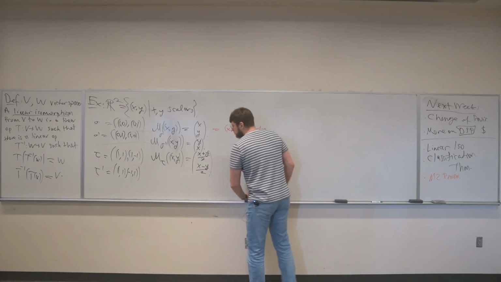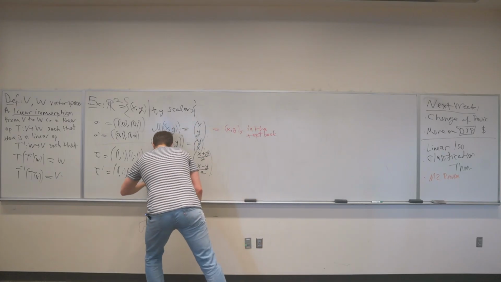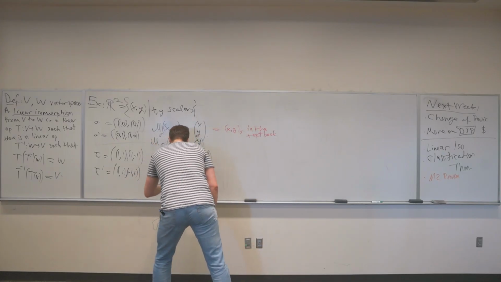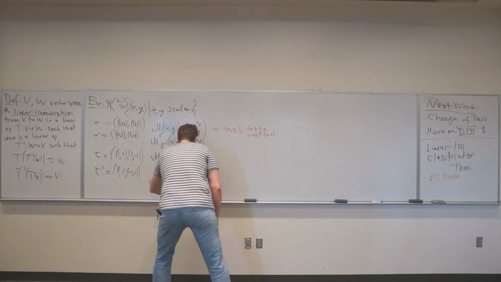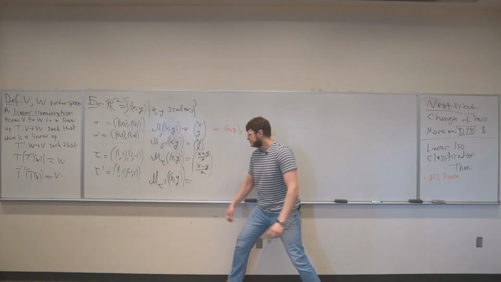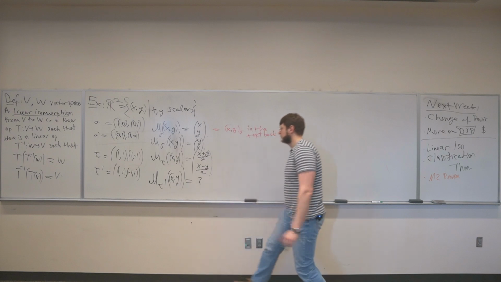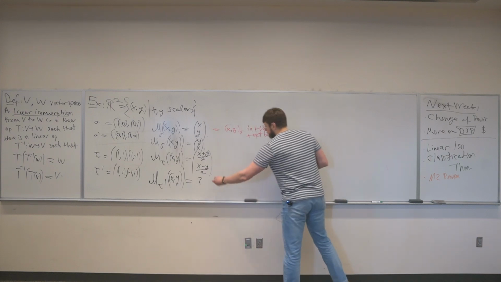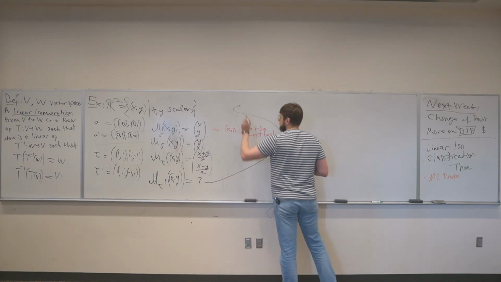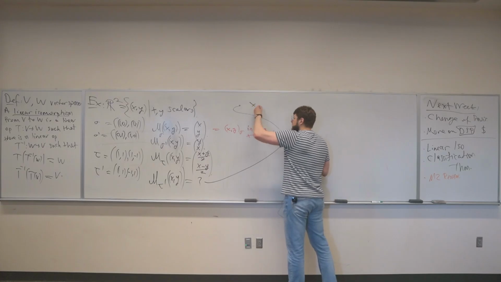OK. So I want to compute the matrix representation of an arbitrary vector xy relative to this tau prime. I'm trying to compute this. So I'm just going to write it here. Start with the xy.